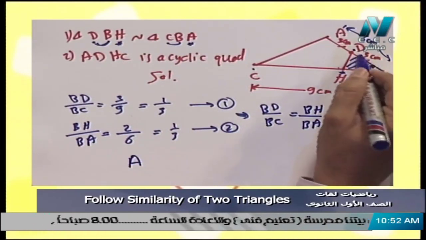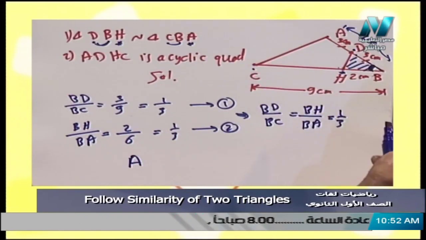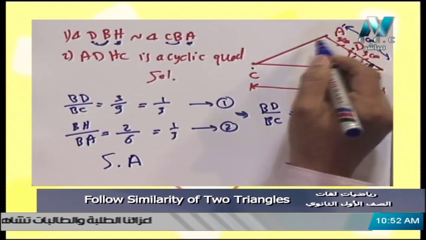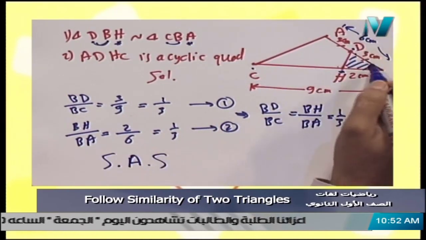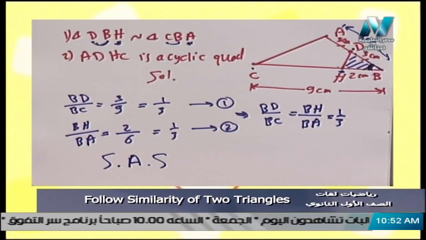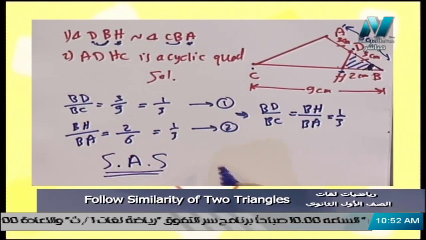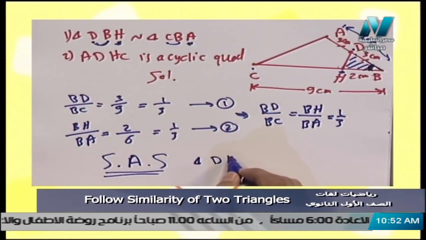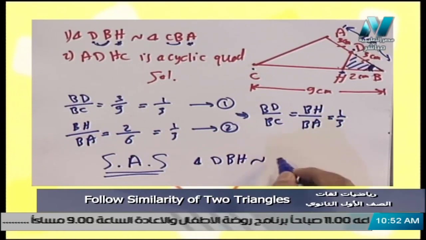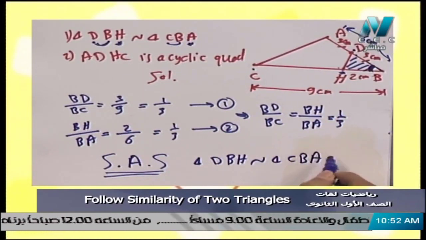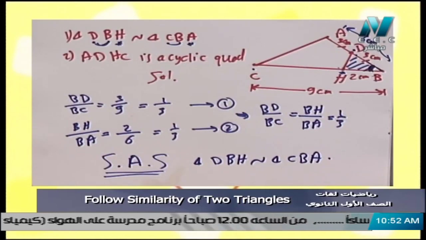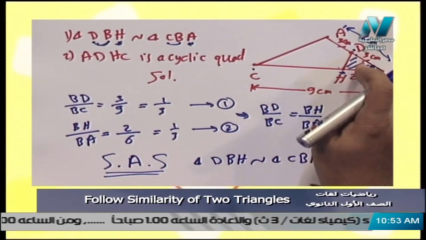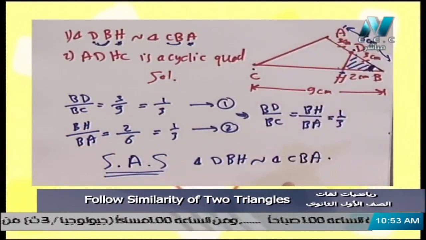The side BD over BC, which is the first ratio, equals the side BH over BA, which is the second ratio, and angle B is included between them. So this case is satisfied. So triangle DBH is similar to triangle CBA. So now we proved that this triangle, which is the small one, is similar to the bigger triangle.